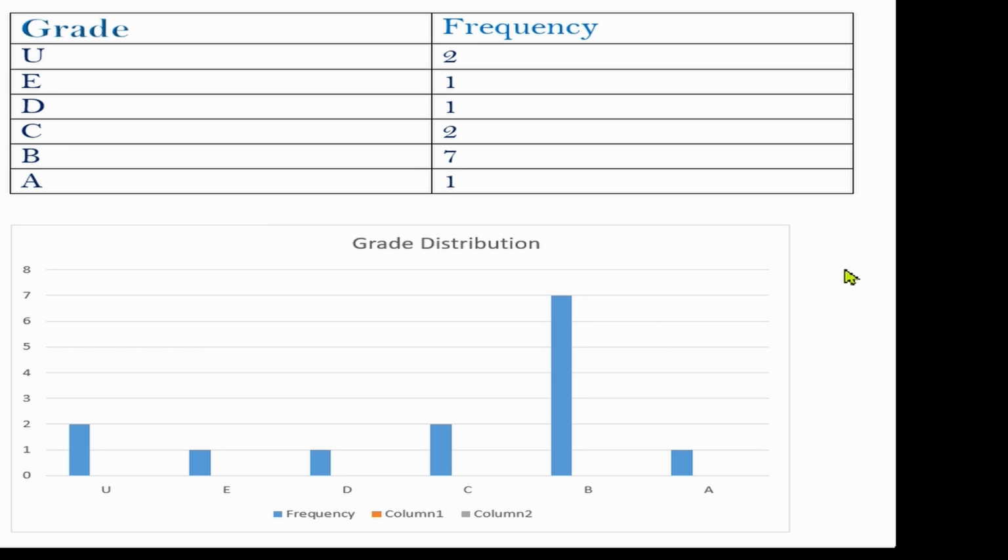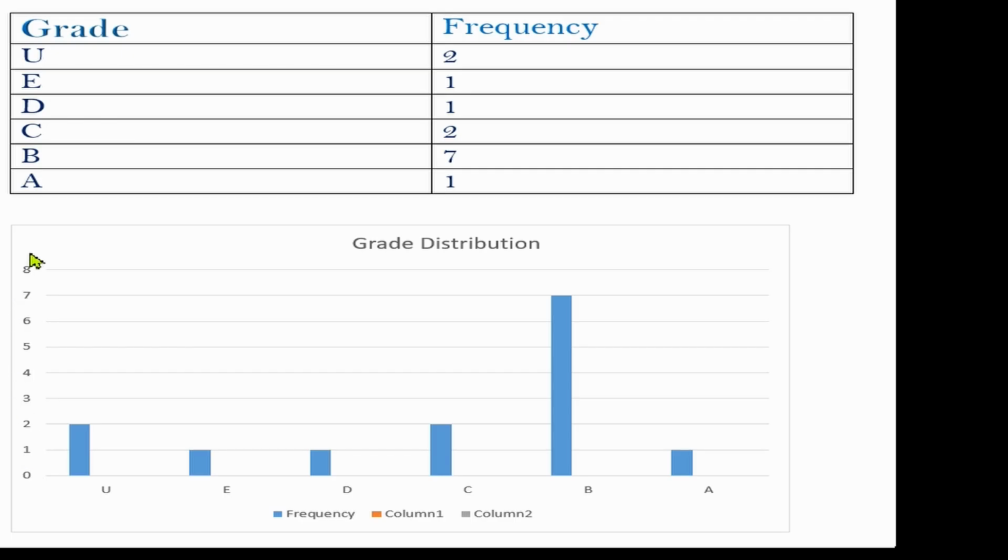Using our previous example of the grading system, instead of using tallies, we've got frequency on the table. Then we can draw a bar graph like this one, which corresponds to the frequency of the grade. For example, here those with grade U, you've got 2.